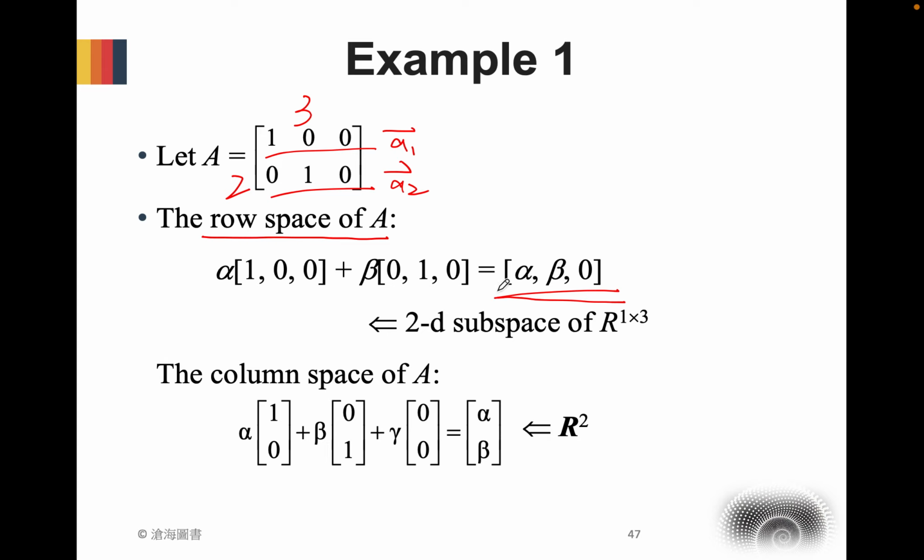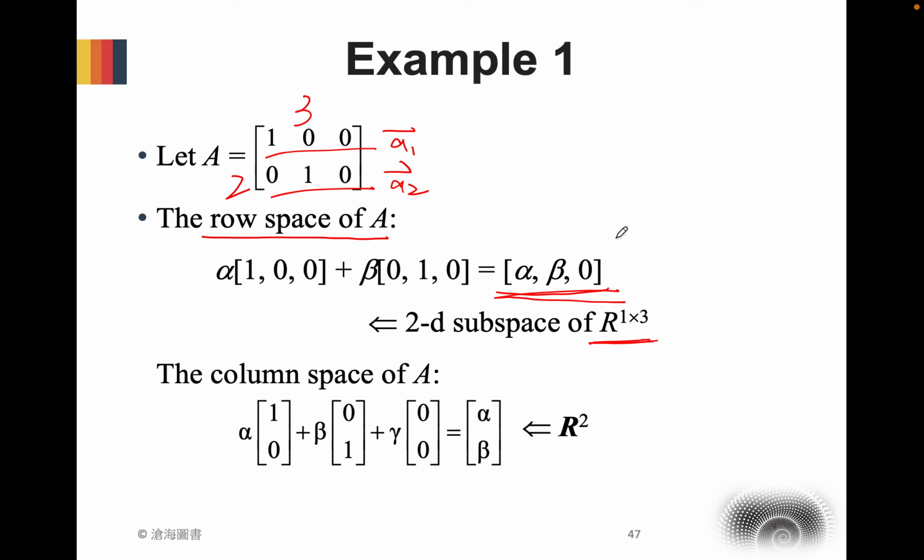And in fact, if you look at this carefully, geometrically alpha, beta, 0 represents a two-dimensional subspace in a three-dimensional space. And in fact, it's a plane, right? It's a plane in a three-dimensional space.